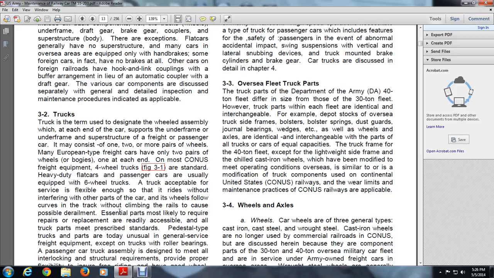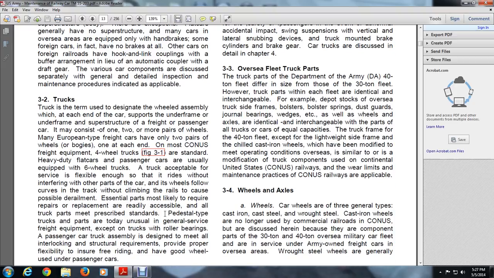The truck for the 40-ton fleet has lightweight side frames and cast iron wheels, modified to meet operational conditions overseas, similar to the modification of truck components in the United States railway areas, where maintenance practices apply to the CONUS railways.